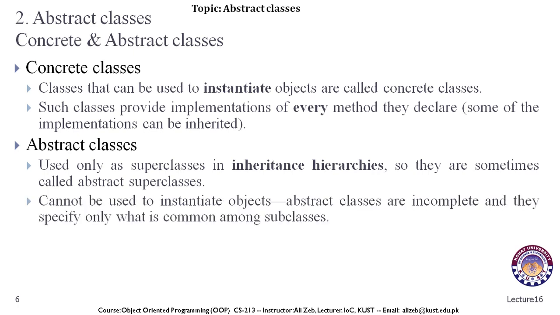They cannot be used to instantiate objects, as we saw that the difference of the abstract class from a concrete class is that abstract classes cannot have objects. Abstract classes are incomplete and they specify only what is common among subclasses.